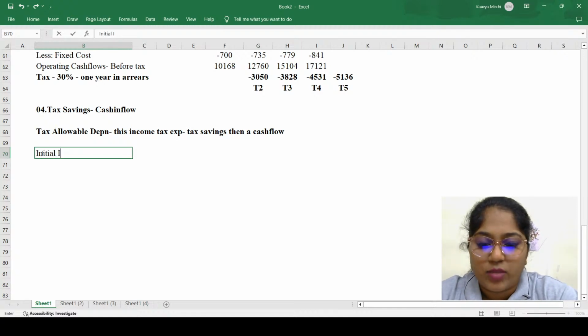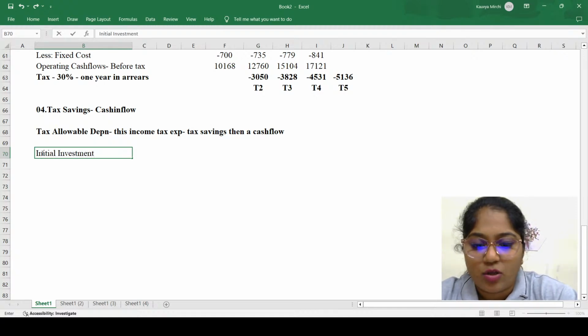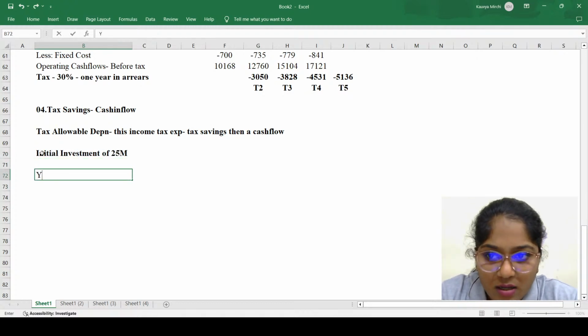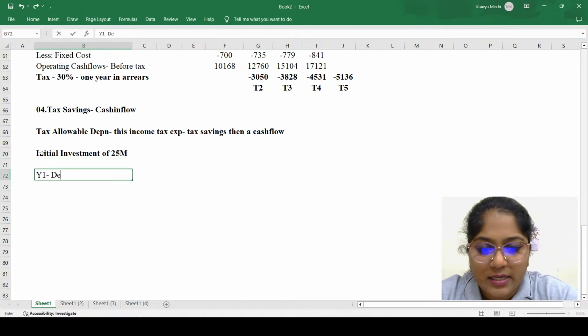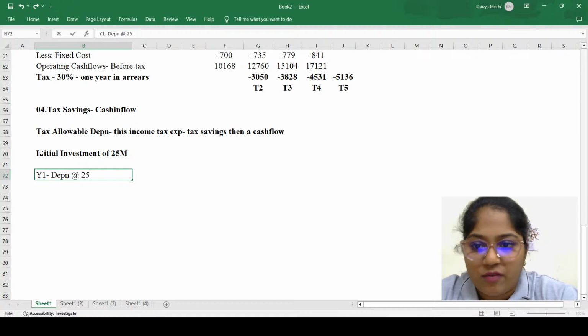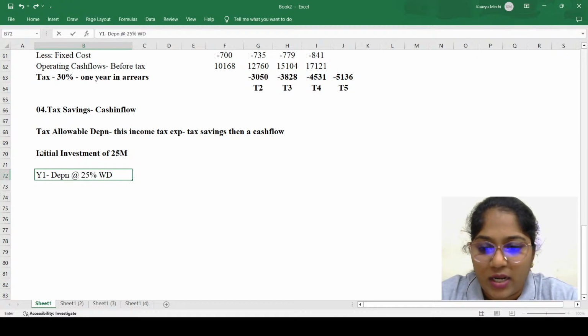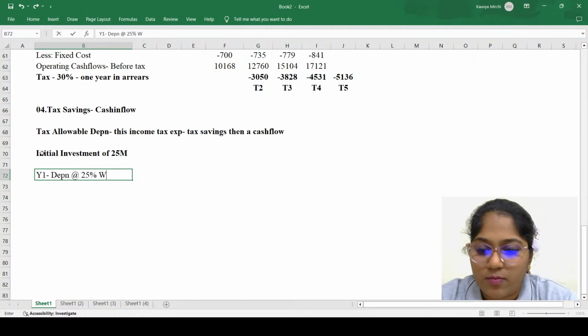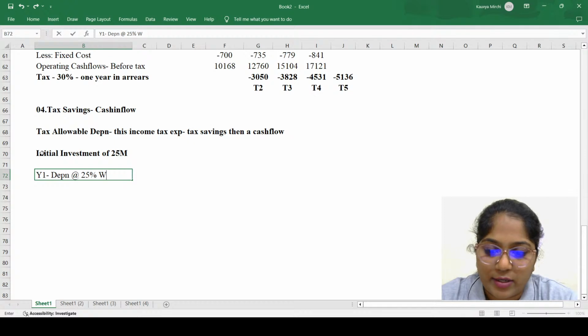Look at this. There is something called initial investment of 25 million that we can expect, right? So what happens in year 1, I will calculate depreciation at the rate of 25 percentage of writing down allowances, or written down balance method, written down balance WDV or written down value.